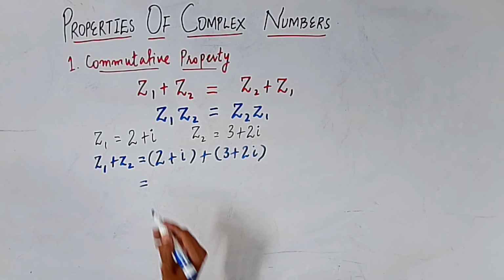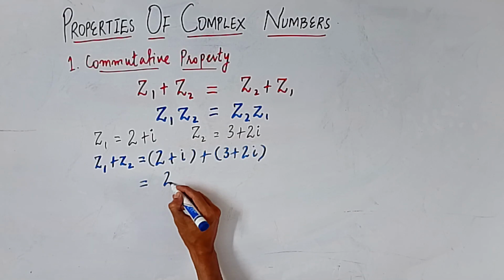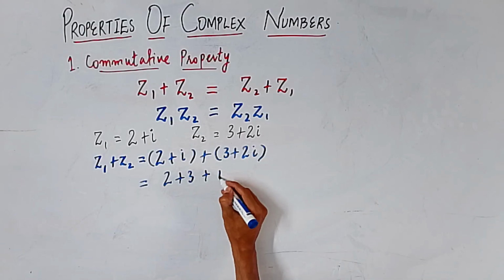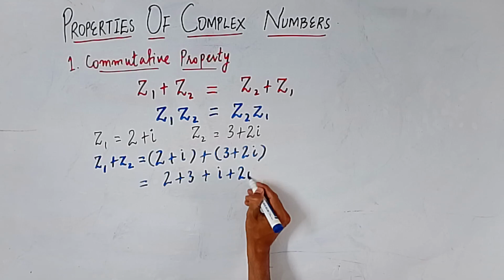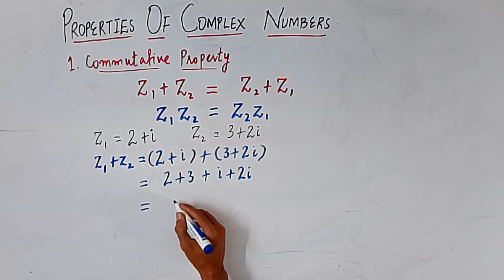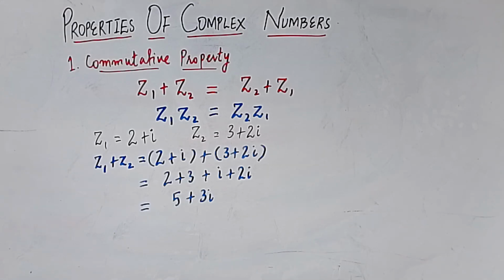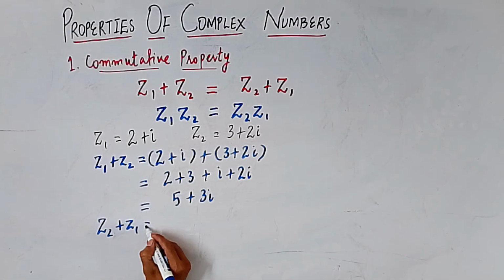We have already discussed how to do the addition of complex numbers. Real part will be added with the real part and imaginary part will be added with the imaginary part. So it is 5 plus 3 iota. Now let's change the order and do z2 plus z1.